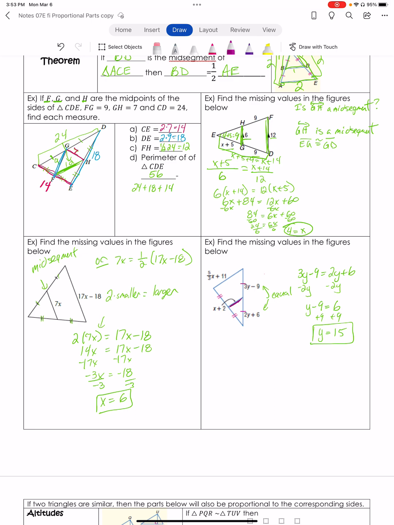Okay, the other thing I know, this relationship, I know 2 of the smaller is equal to the larger. So I'm going to distribute this first. So this is 2x plus 4 is equal to 5/3 x plus 11.